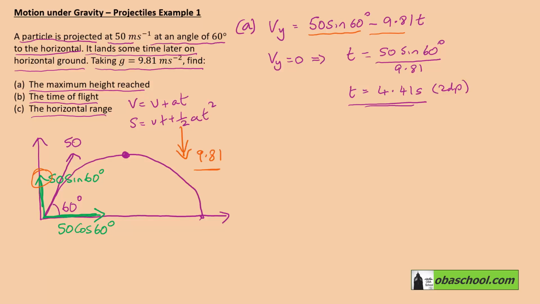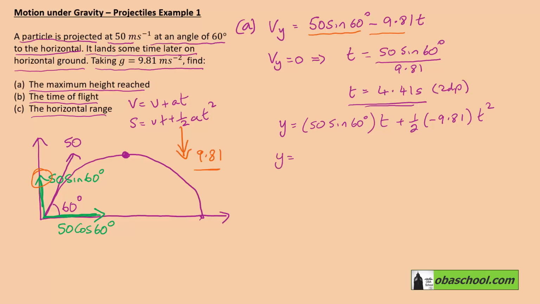So that would give me that y is equal to 50 sine 60 degrees t, that's the ut, plus a half of negative 9.81 t squared. And we want that when t is 4.41.